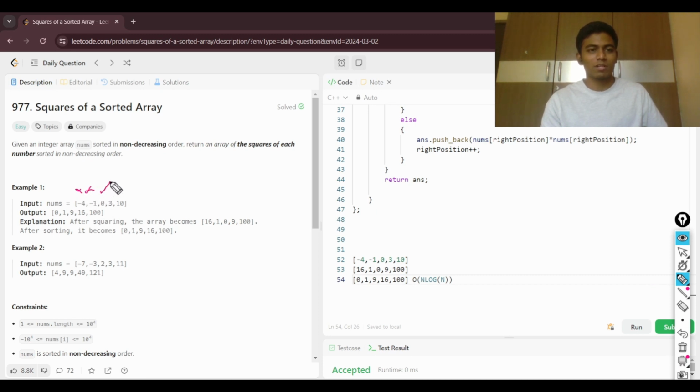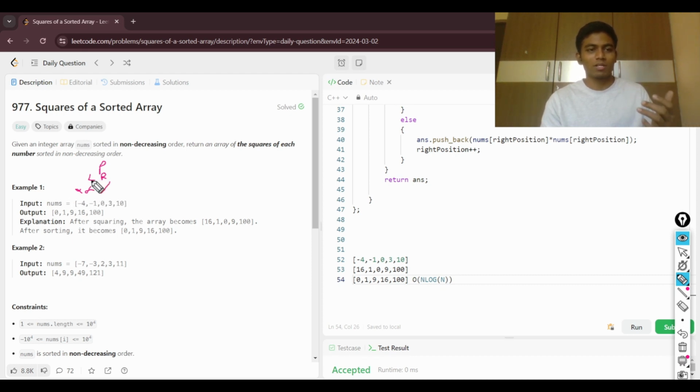Then this one is greater than or equal to 0. So we are going to store this as the positive index or right position, and the right index minus 1 is going to be the left index. We check whether both of them exist. Yes, both of them exist and are within the boundaries.